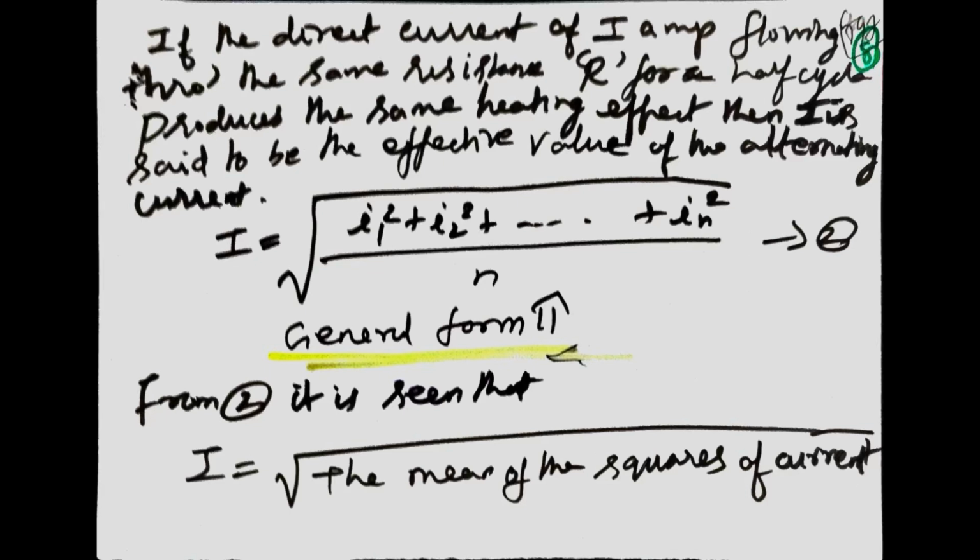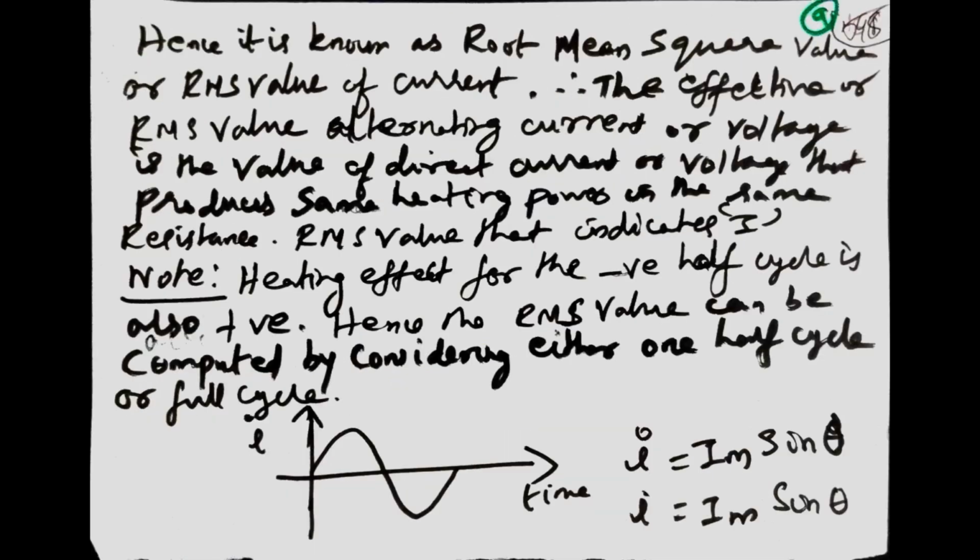From the two above equations, it is seen that I is the root of the mean of the square of the current. That is important: the second equation, and root of is important. Hence, it is known as the root mean square value or RMS value of current.